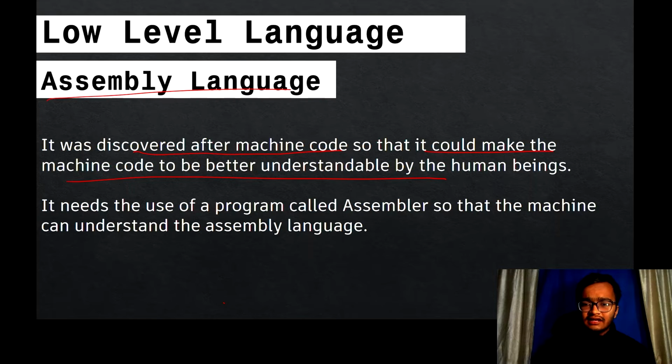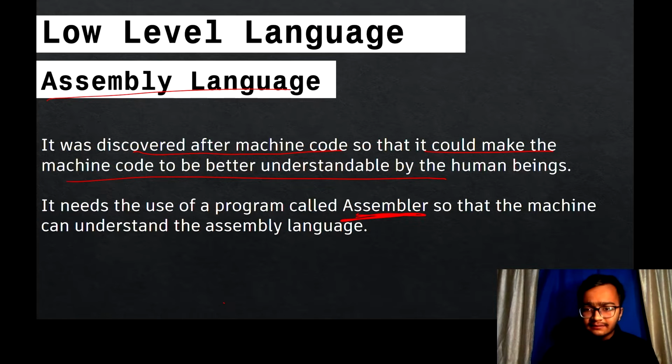So we will convey a thing in assembly code, and there has to be someone or a translator who will translate our code written in assembly language to machine language so that the computer can understand, because at the end the computer has to understand our instruction, right? We give the instruction in assembly code and the computer has to understand it. So to do this, there is a medium or a program called assembler.